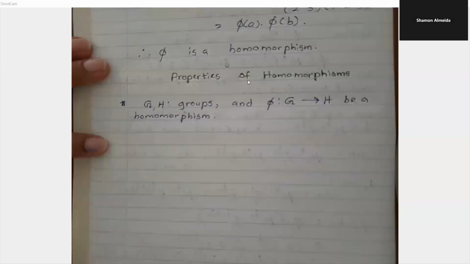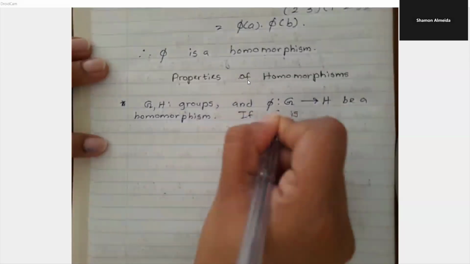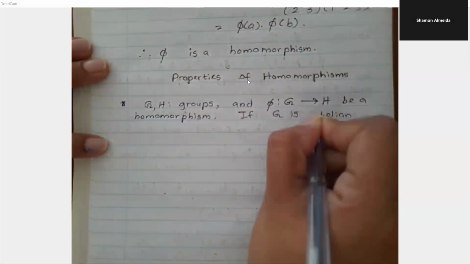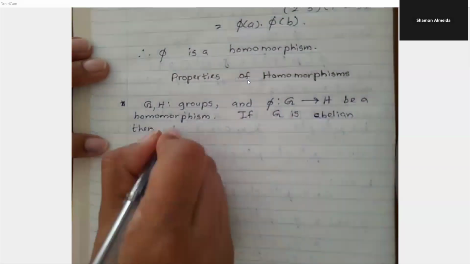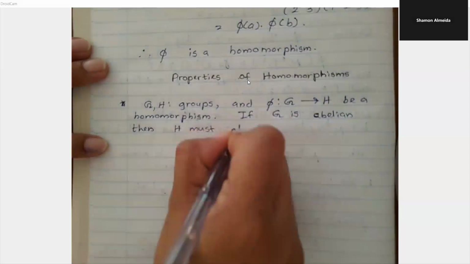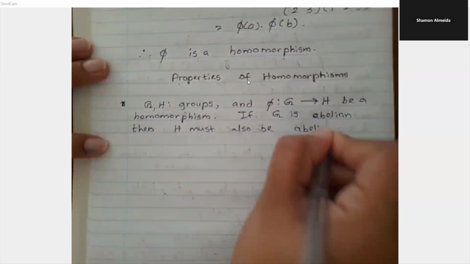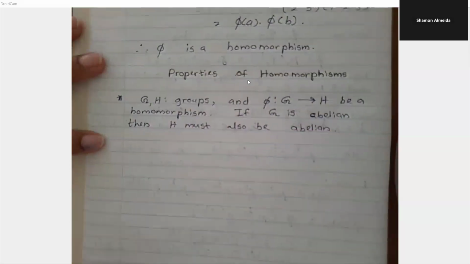That is one property. If G is abelian, then H must also be abelian. How do we prove it?